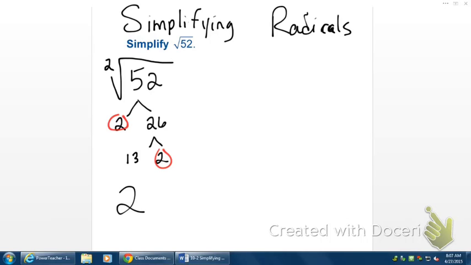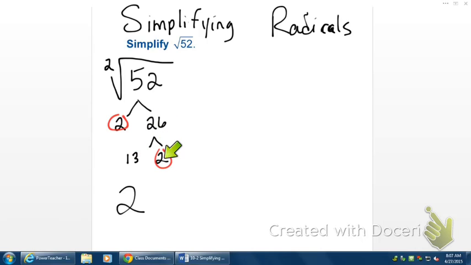Now, don't get confused on this part. Greg, this is a great point. I'm glad you brought this up. The only numbers that you take into consideration are the numbers at the end of the roots. This 26 has branched off into 13 and 2, so this 26 is really gone out of this factor tree.